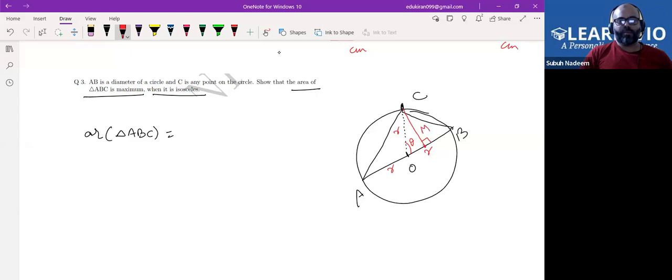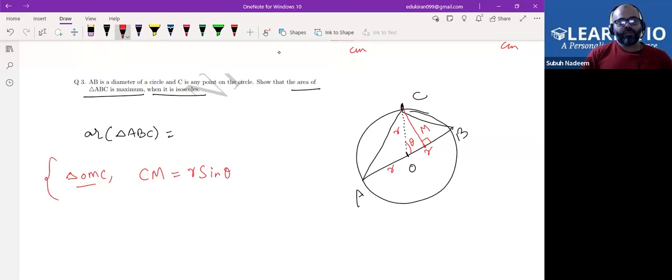This point is M. So CM, which is the height, is R sine theta. Can we say like this? Now if you take triangle OMC, sine theta is CM by R, perpendicular by hypotenuse.